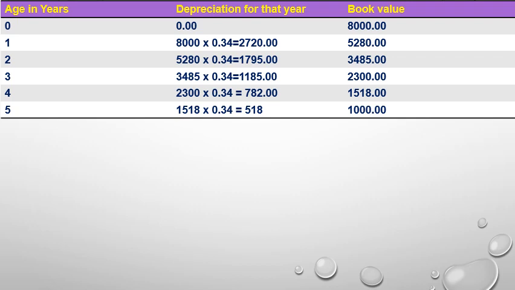Similarly, next year the depreciation is 5280 into 0.34, equals 1795. Now the book value at the end of second year is 3485.00. At the end of fifth year, the book value is equal to scrap value.